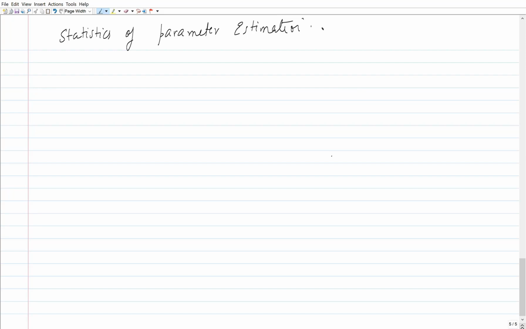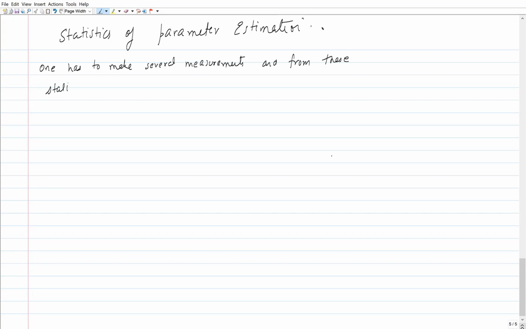As we have seen previously, one has to make several measurements from the statistics, and from these statistics one infers the parameters.